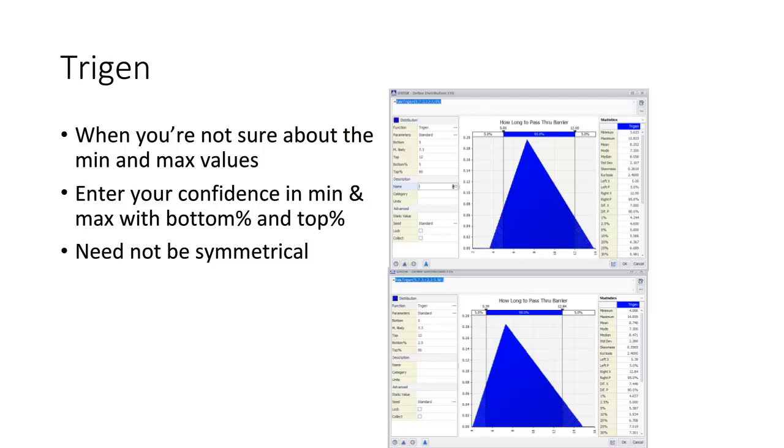And similarly, for the top percent, you would say, okay, there's a 10% chance that it could be more than 12 minutes. Or there's a 20% chance it could be more than 12 minutes. These percentages don't have to be symmetrical. They reflect your judgments about the level of confidence that you have in identifying the minimum and maximum values. Okay?